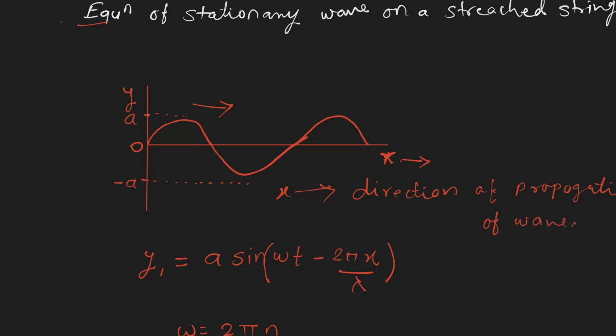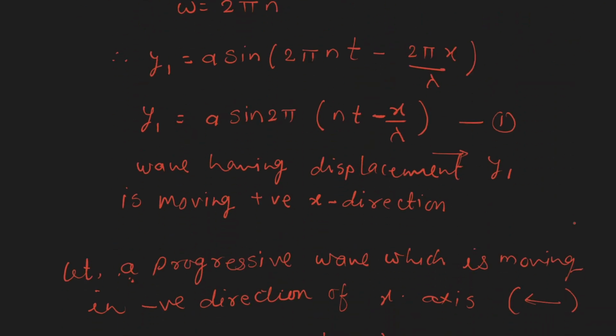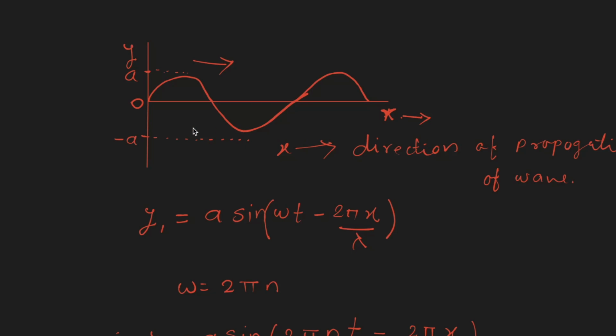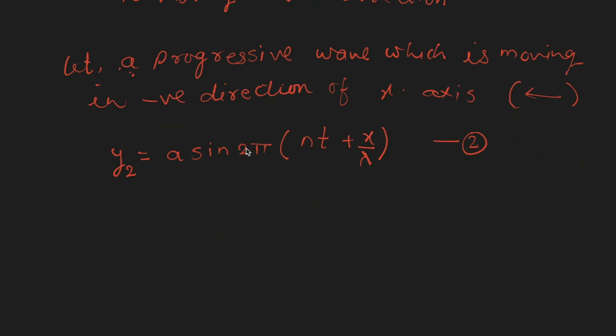But this is a positive direction. But when the wave is coming in this opposite direction, sometimes this wave also can come along the negative direction of x-axis. Therefore, y2 equals A sin 2 pi in bracket nt plus x by lambda, equation 2. Okay, equation 2.